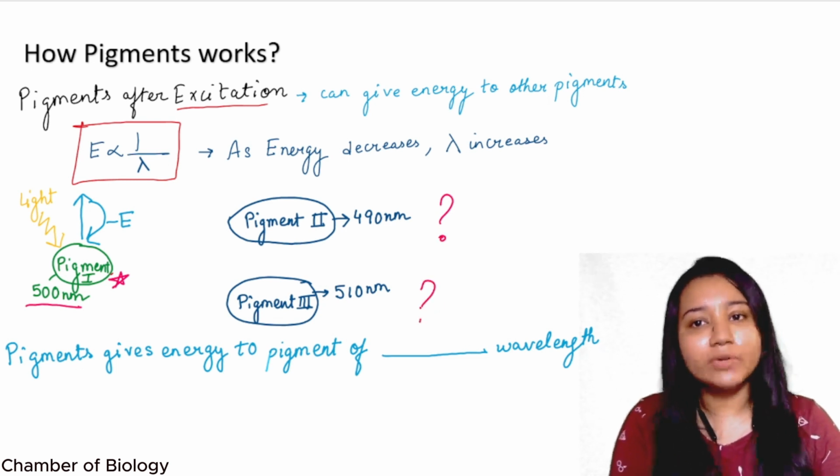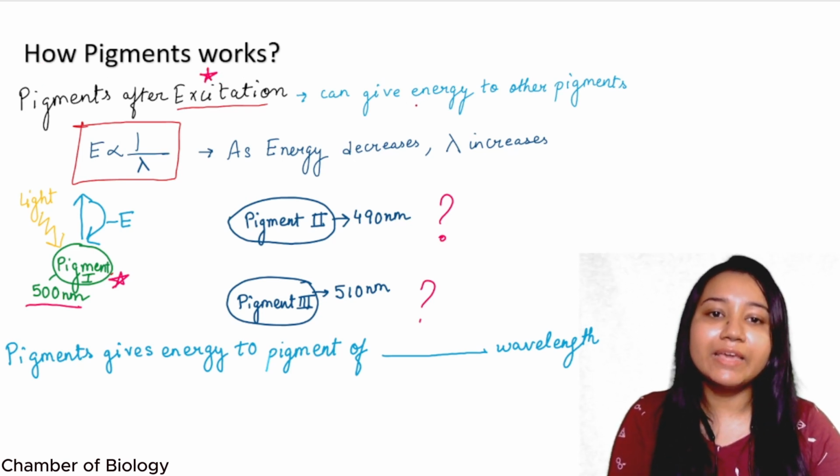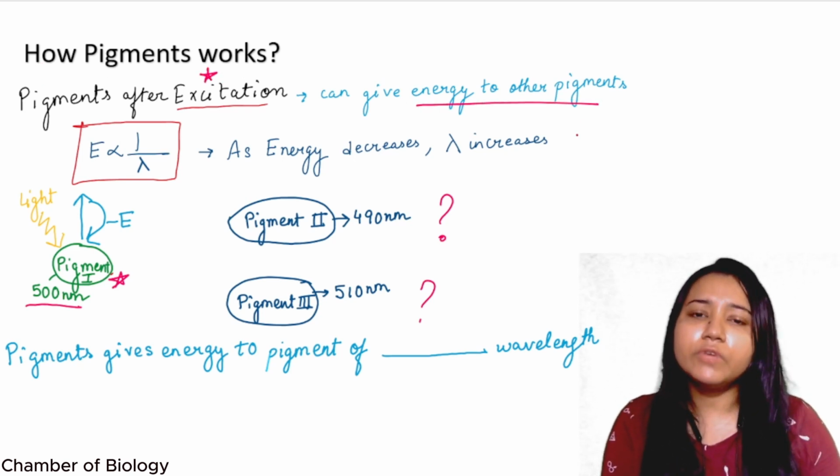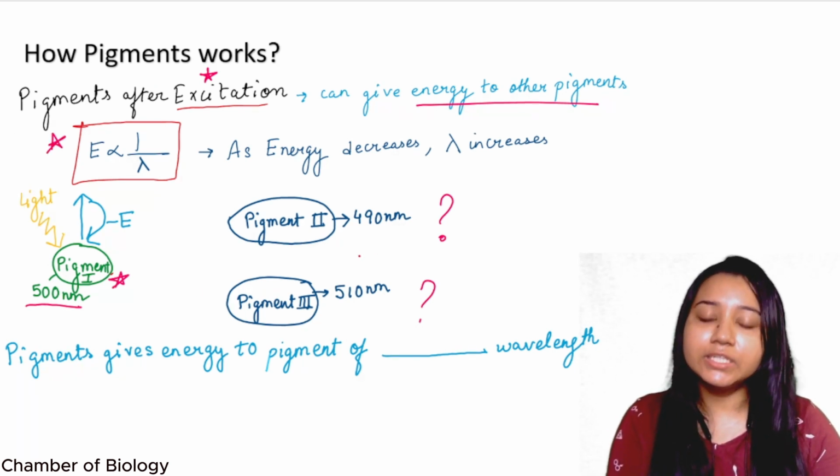Before we discuss it, let us know that pigments after excitation can give energy to the other pigment. So to which pigment will it give the energy? We know this relation, that energy is inversely related to the wavelength.